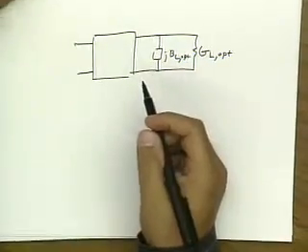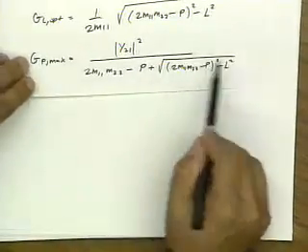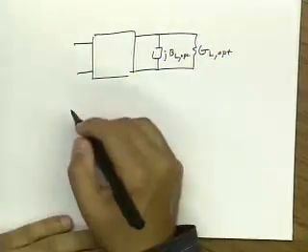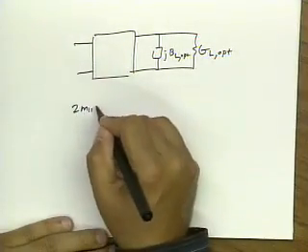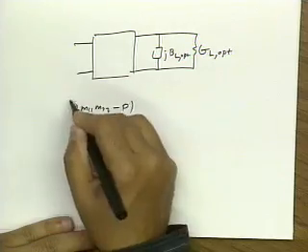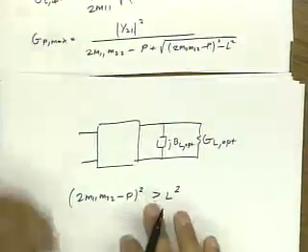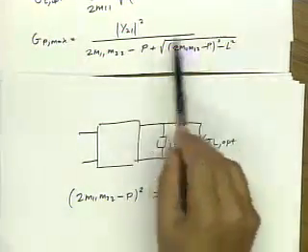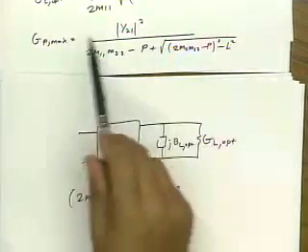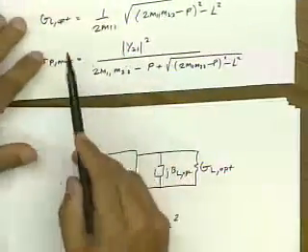So let's come back to this condition. I want this to be positive. In other words, I want 2 M11 M22 minus P squared to be bigger than L squared. This has to be positive because it's really related to the real part of GL.